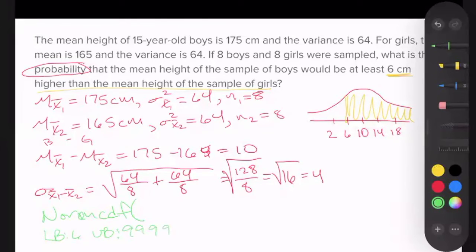And remember, you have to define these for the AP test. So I've got 6 to 99999, with a mean of the x bars subtracted of 10, and a standard deviation of x bar minus x bar of 4.